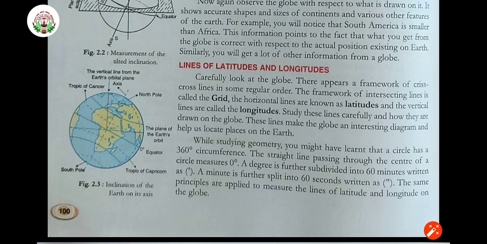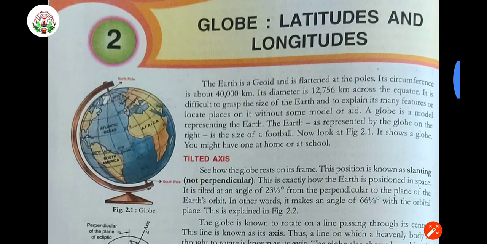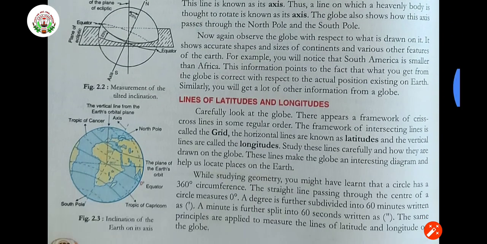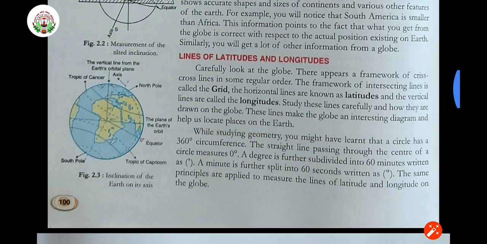Now, lines of latitudes and longitudes. In the globe you can see there are crisscross lines, like in a graph book where you have grid lines over there, in the same manner. Carefully look at the globe. There appears a framework of crisscross lines in some regular order. The distances are the same.